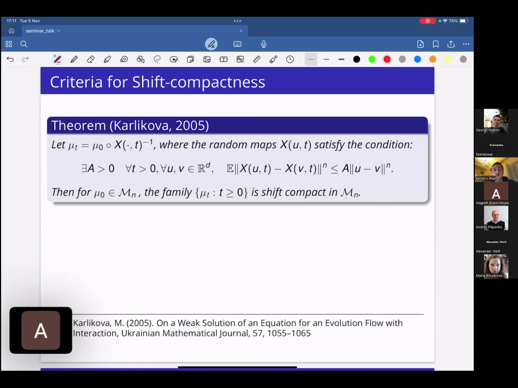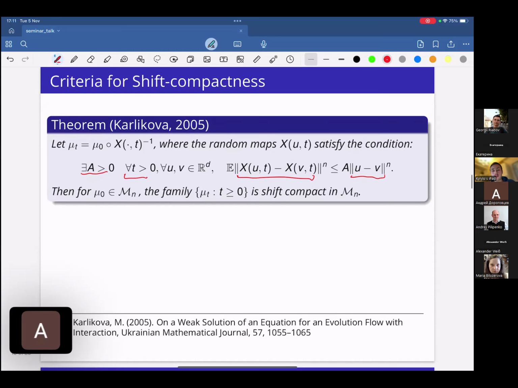If we consider just mu-t and the random map satisfy a condition such that there exists some constant greater than 0, and for any time t and for any points u, v, our mathematical expectation of such a norm is less than or equal to the difference between our initial points. The main part is that in the right-hand side of this inequality, we don't have t. And this is the criteria for shift compactness.